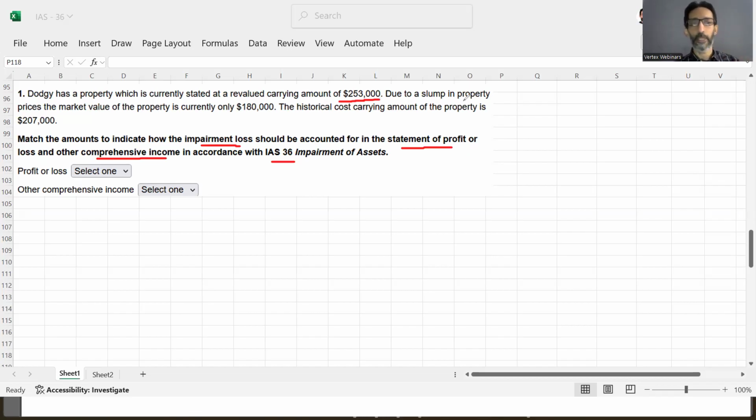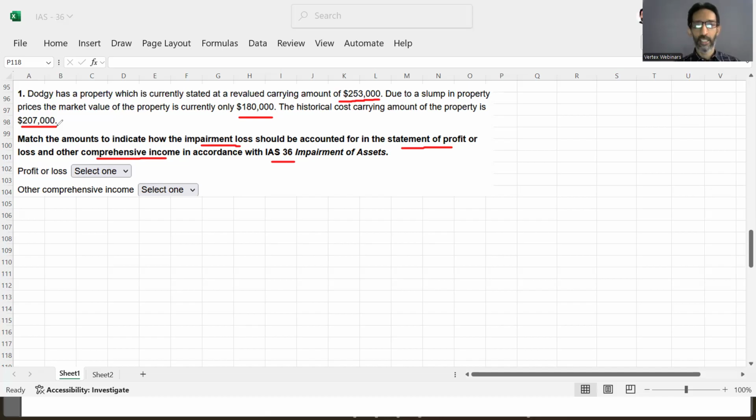So due to a slump in the property prices, the market value of the property is currently only 180,000. So now if we had an asset valued at 253,000, the new value is 180,000. So clearly the impairment has taken place. The historical cost carrying amount of the property is 207,000, which means that if we had not revalued the item, the item would have a value of 207,000.